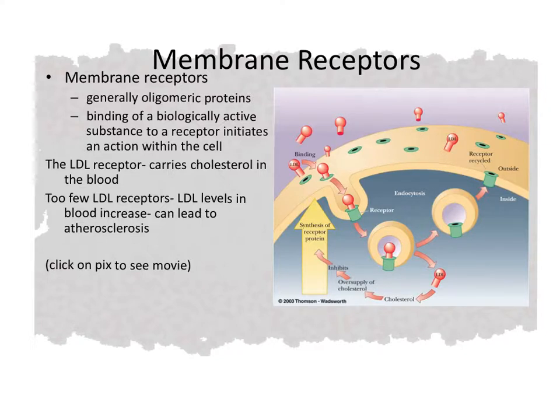Whenever I first started thinking about it, as a student, I thought, if you have cholesterol, you're going to want to get it out of your body in general, right? Well, what happens is this cell is saying, I have enough, I don't need any more, and so I'm not going to make any more receptors. So then your cholesterol is going to build up outside that cell and have to go to other places. It's one of the examples of where a cell actually turns off its own receptor.